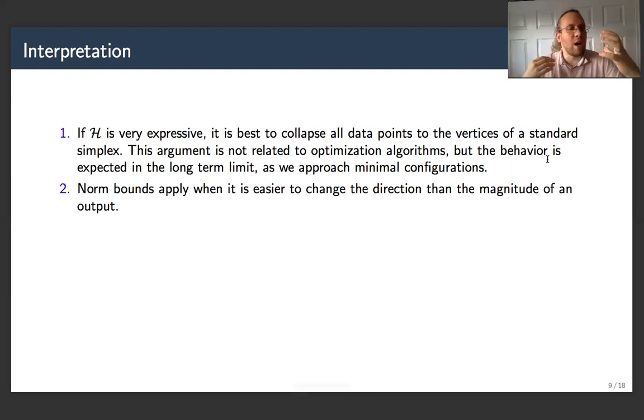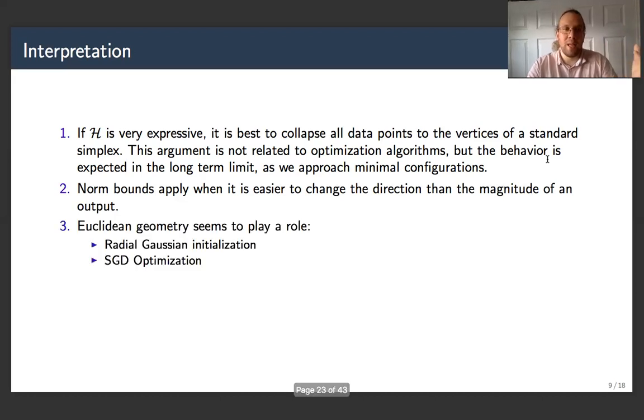And norm bounds are meaningful if it is much easier for a classifier to change the direction than the magnitude of an output. So we need to think whether that applies, for example, for deep neural networks.